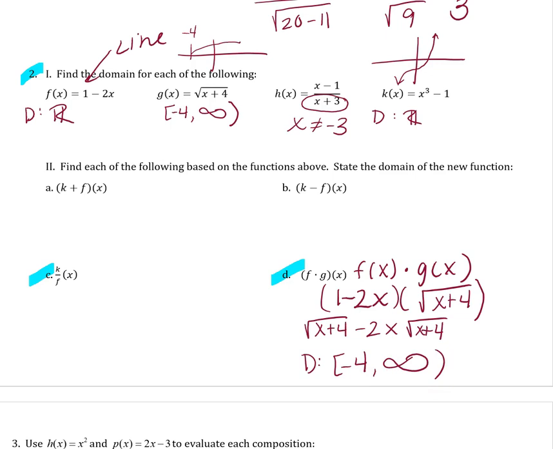-4 to infinity. Okay, but then look at k of x divided by f of x. I am going to do the division. So k of x is x cubed minus 1 divided by, okay, f of x is 1 minus 2x.